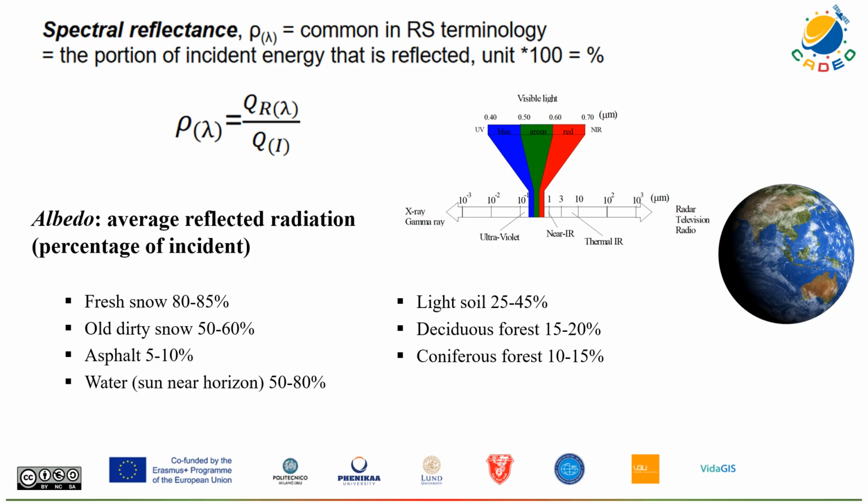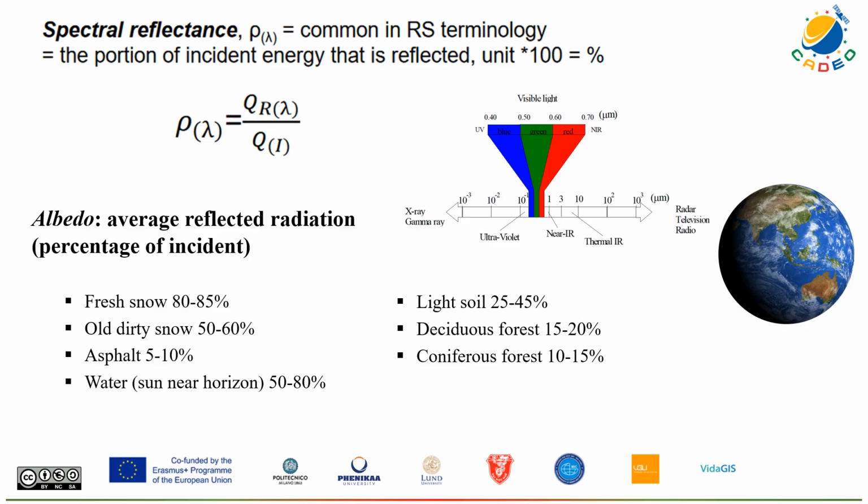Light soil will, depending on how much water it contains, reflect about 25–45%. Deciduous forests will reflect about 15–20%, coniferous forests about 10–15%.